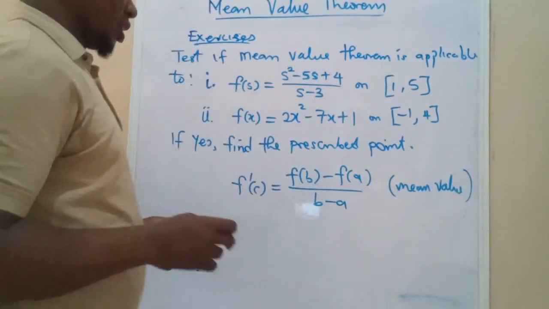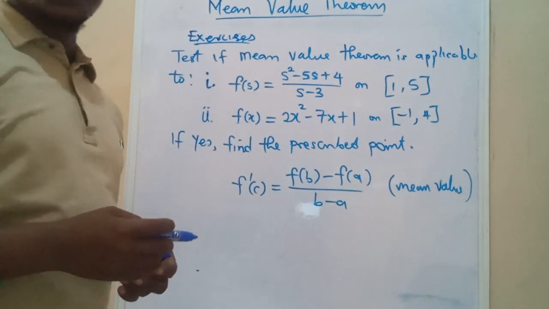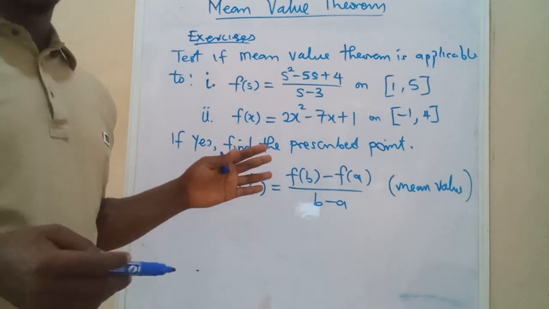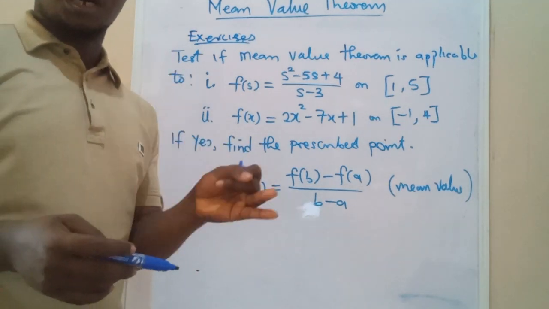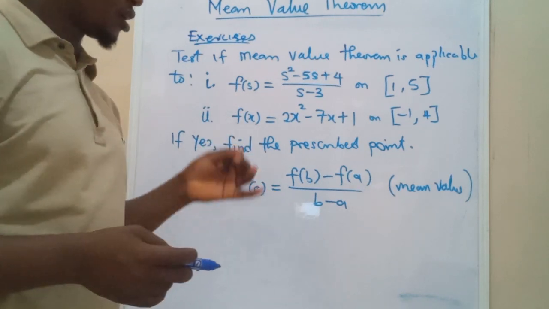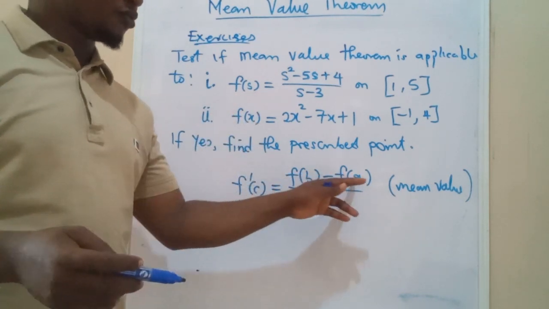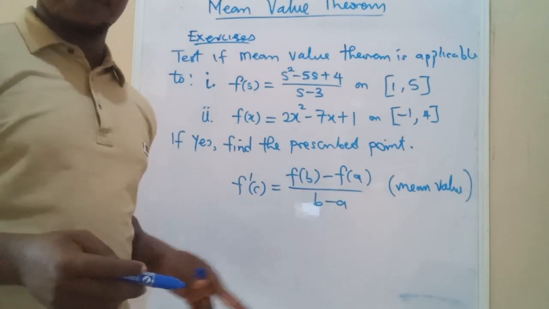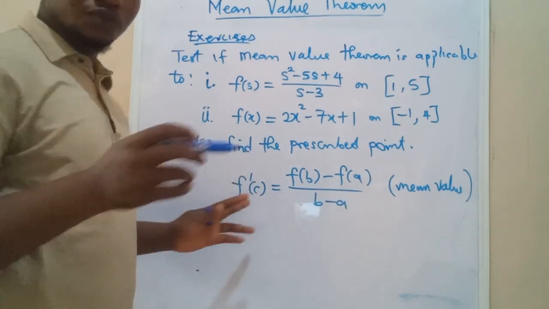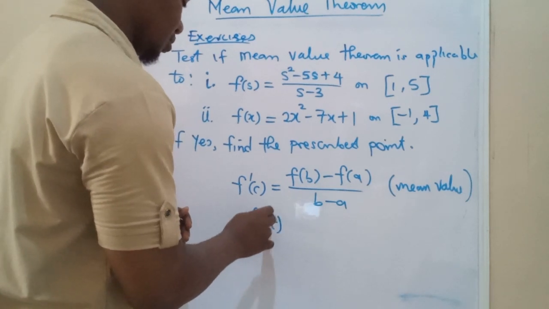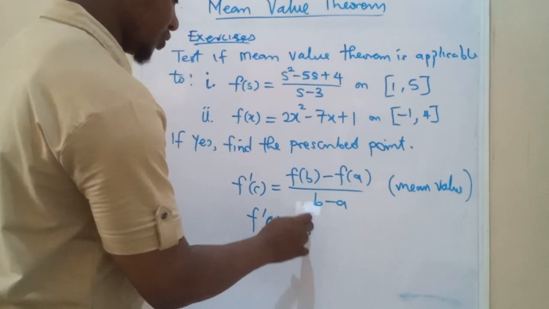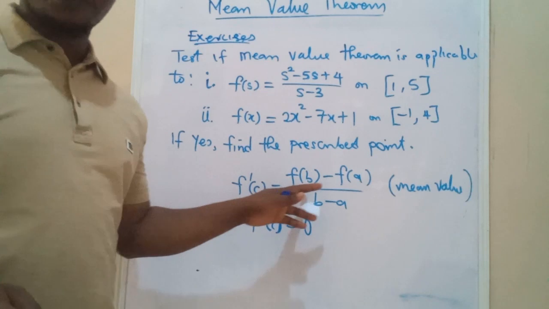According to the Rolle's theorem, if the function is continuous and differentiable on an open interval, and if these two terms are the same, this slope will be equal to 0.